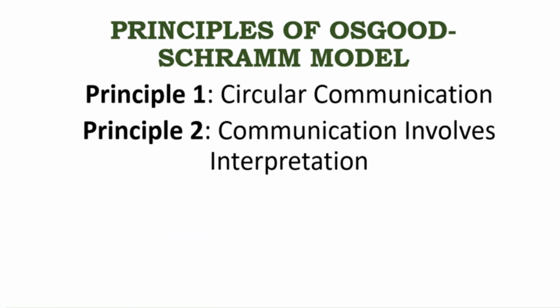The second principle of Osgood-Schramm's model is that communication involves interpretation. Schramm insisted that communication is not simply the passing of a packet of information from a sender to a receiver. Instead, he saw that messages must be interpreted in order for them to be understood. In the process of interpretation, however, a lot of meaning can be lost.